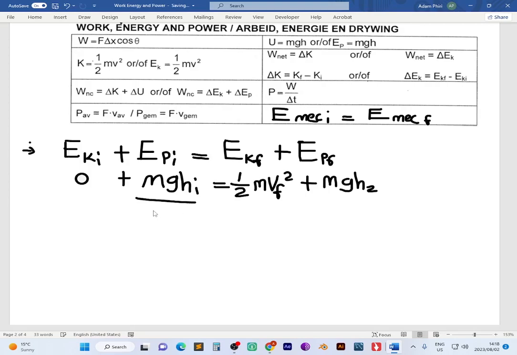So as we check height initial and final, and then height 2 there, we divide by the masses, because they all have masses on both sides.